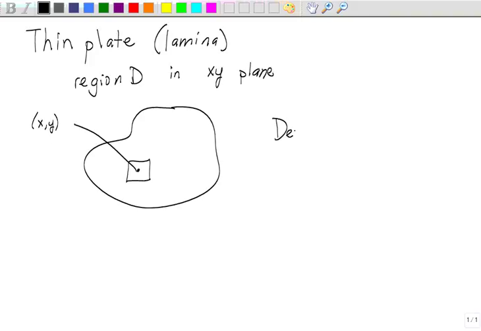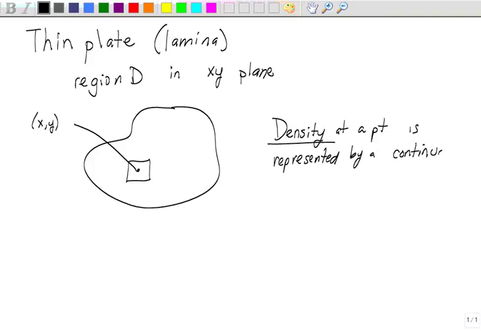Okay, and then we represent density at a point by a continuous function rho. And for this rectangle, delta M is the mass.